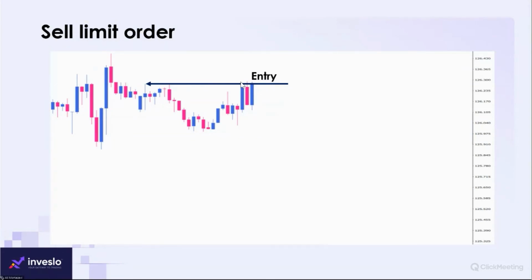Okay, so after that, when price reaches this level, then your sell position will be executed, and it means if the price continues to bounce back, you will gain some profit. As you can see here, that happened just after reaching this level again as a solid resistance level.